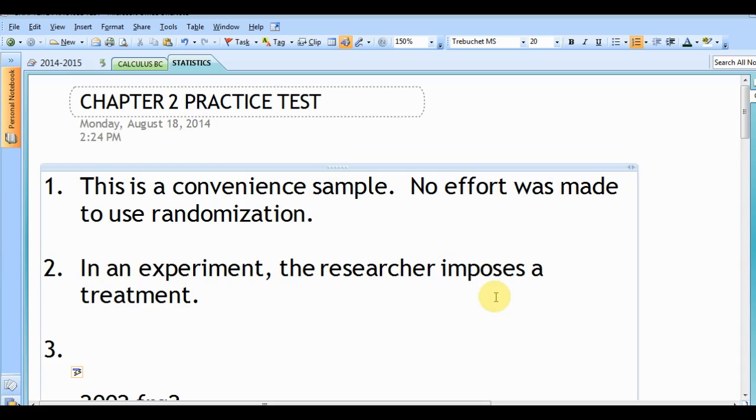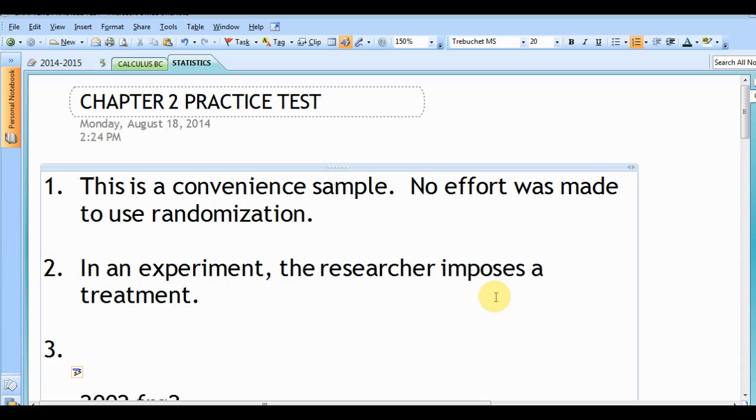Okay. So it should be pretty clear that this is an observational study. We're not imposing a treatment on the cities. So this is an observational study, which eliminates options 1, 3, and A, C, D. No, E is still available.